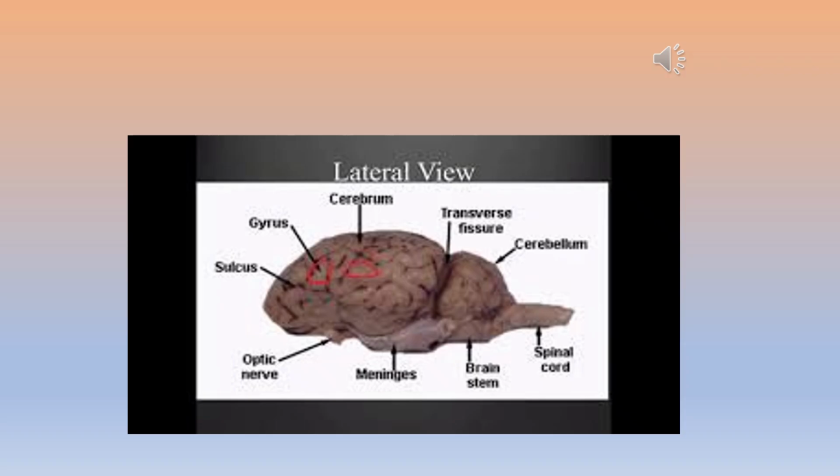For four-legged creatures, because of that horizontal layout, the areas are referred to as rostral, meaning toward the nose. So in this picture here, that would be to your left. Toward the sheep's nose is the rostral end of the brain. To the right, that is the caudal end of the brain. Caudal means toward the tail.